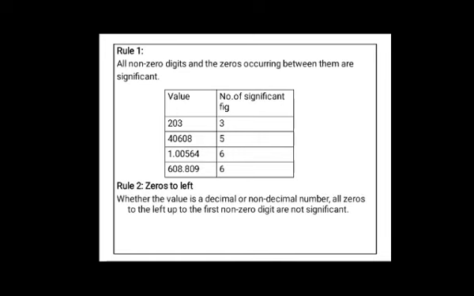Now rule 2 is zeros to the left. Whether the value is a decimal or non-decimal number, all zeros to the left up to the first non-zero digit are not significant. Okay. So now take examples here, 0.0070897.